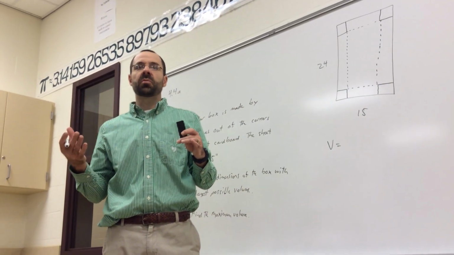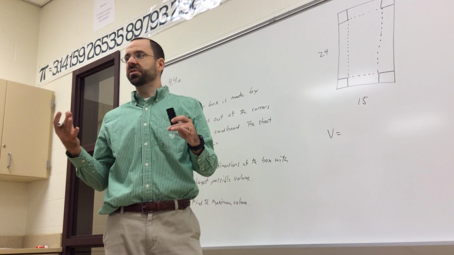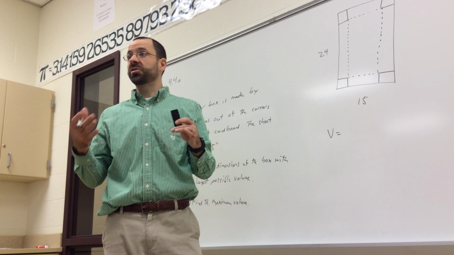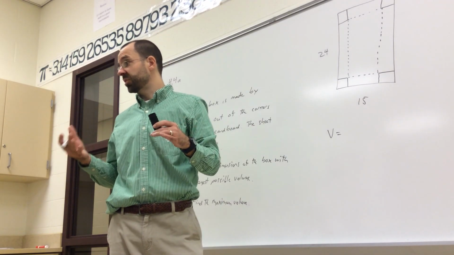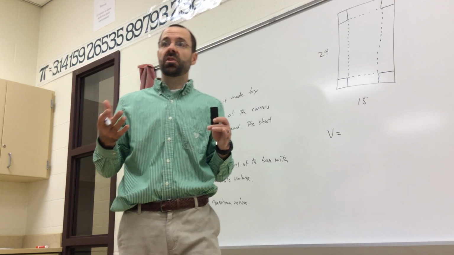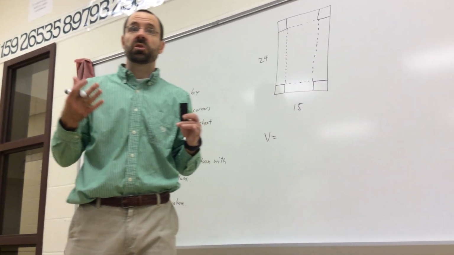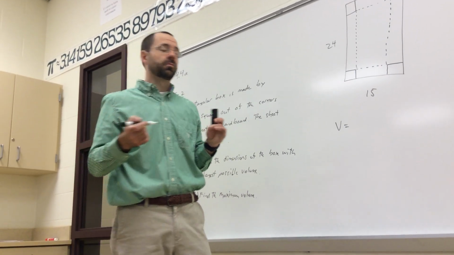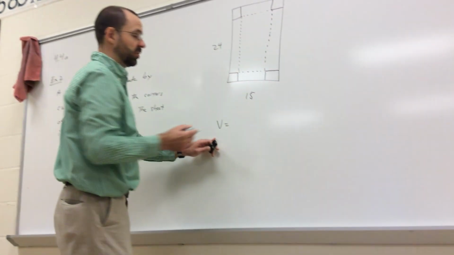You need to determine what formula is the focus. In the last problem, it said find the largest area, so we were focusing on the area equation. In this problem, it asks for the largest volume, so we're going to focus on the volume equation.